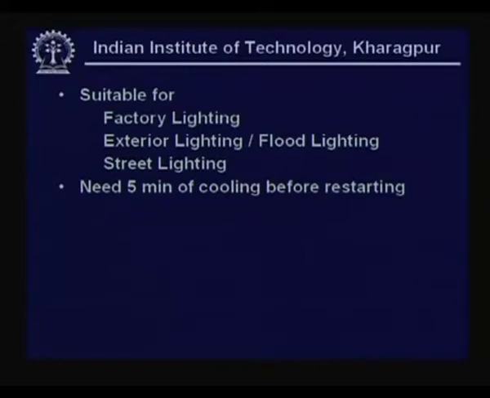And it has been found that this mercury vapor has one band spreading around the 500 to 570 nanometer spectral wavelength range, and another band of radiation located between 300 to 400.